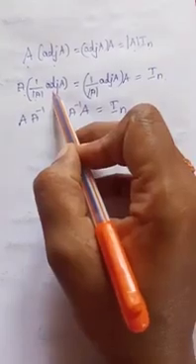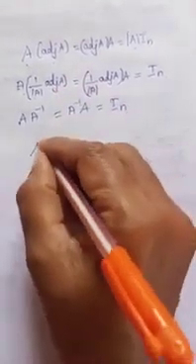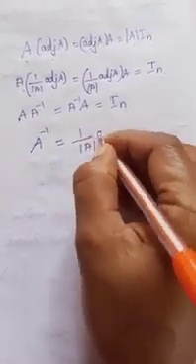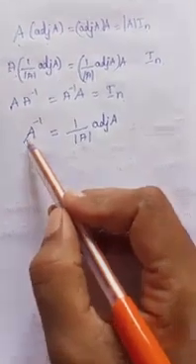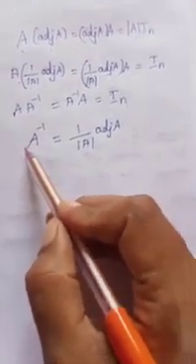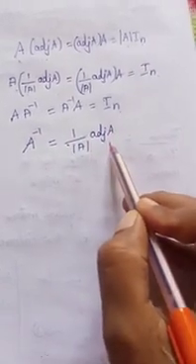Am I right? So the inverse of A is 1 by determinant A into adj A. What is the formula to find the inverse? A inverse is equal to 1 by determinant A into adj A.